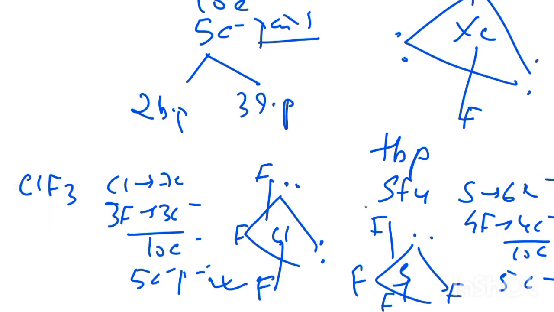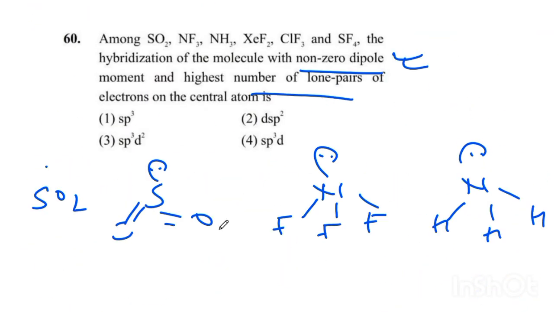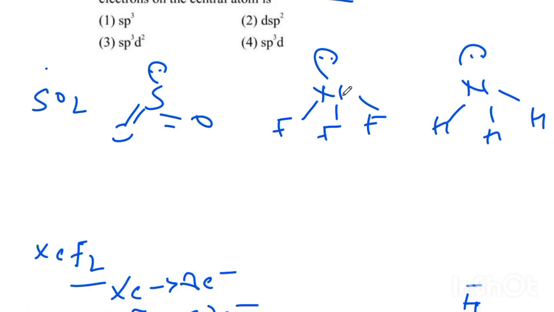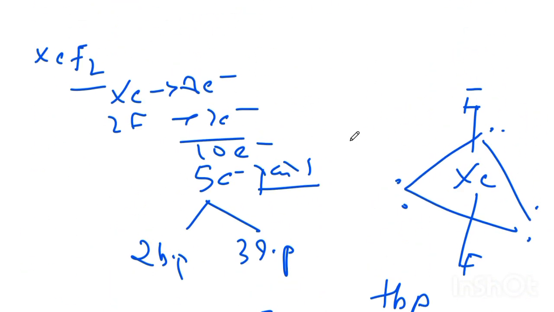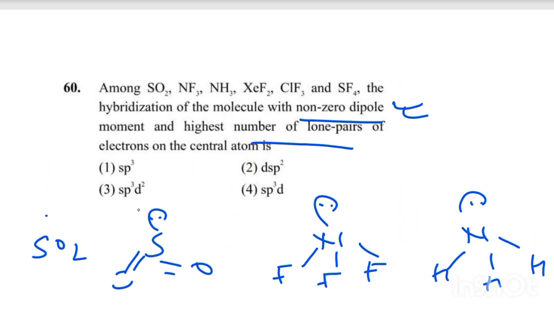Now let's see the question asked: what will be the hybridization of the molecule with non-zero dipole moment. Out of these I can see only XeF2 has zero dipole moment because the bond moments of fluorine cancel out, so XeF2 cannot be the answer.